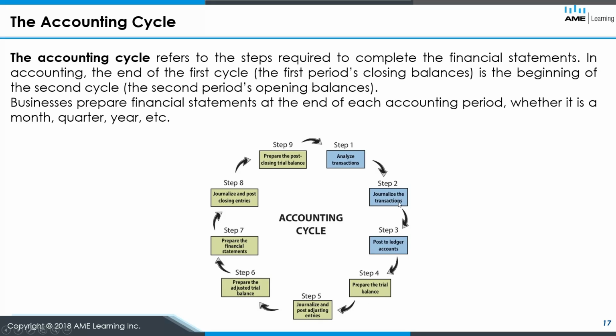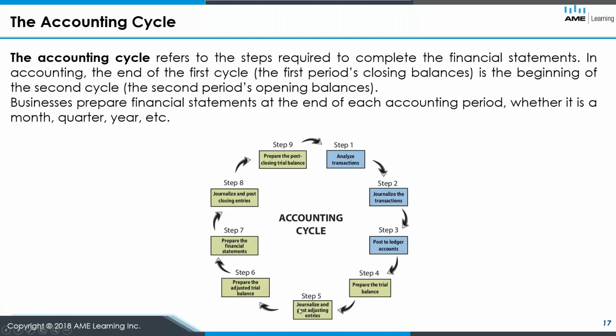I know some of this might seem a little foreign at this point. We haven't really talked about any of these concepts, but we have talked about financial statements. And then we're going to do closing entries and prepare a final trial balance. So really this whole process is how we get from just the transactional analysis all the way to creating our financial statements and finishing up the accounting cycle.